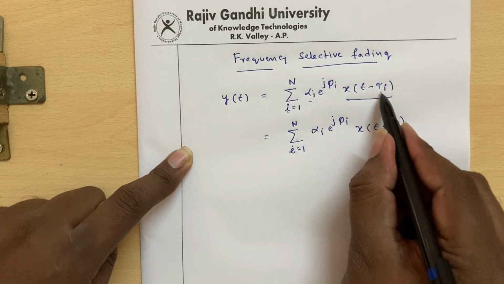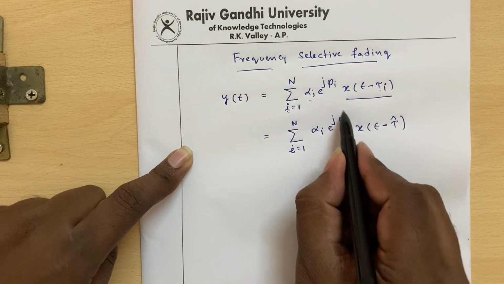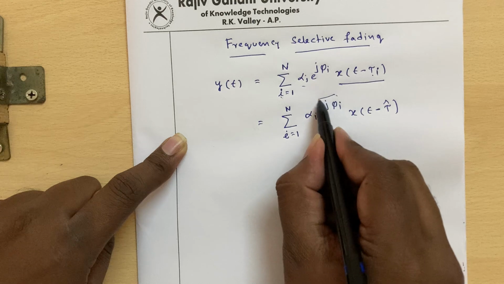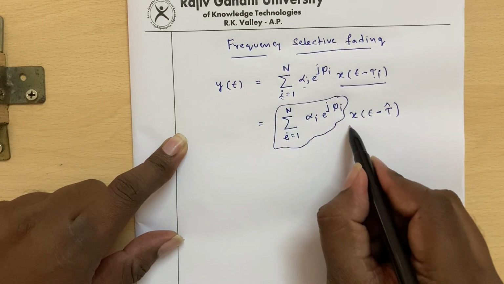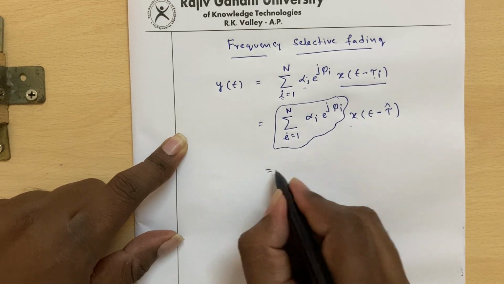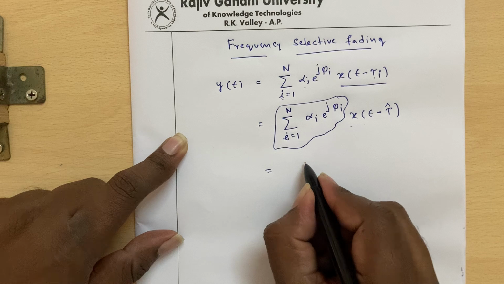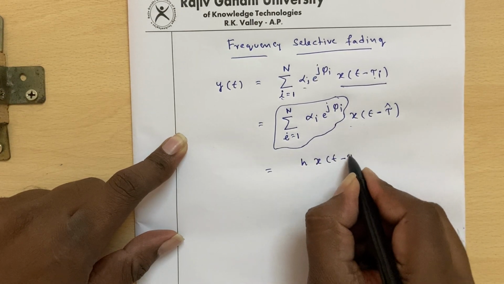It means it will be independent of the summation over i, and this will be the sum of a very large number of complex numbers being multiplied with x of t minus tau hat. So we have written this as h into x of t minus tau hat.